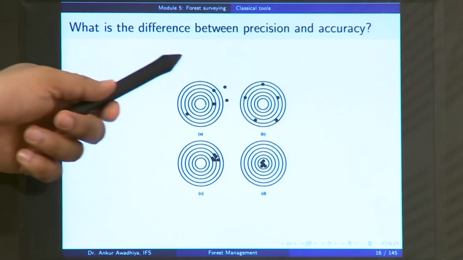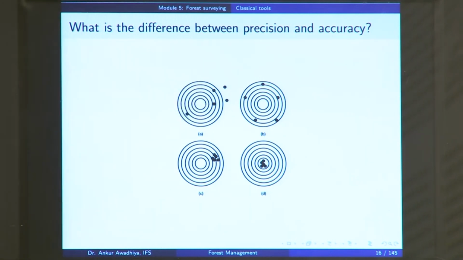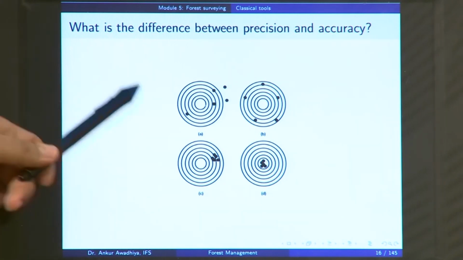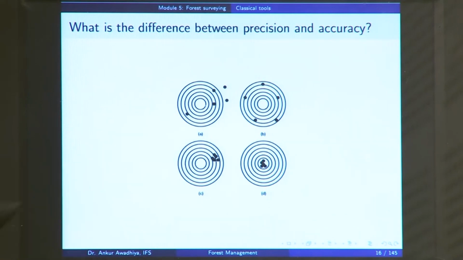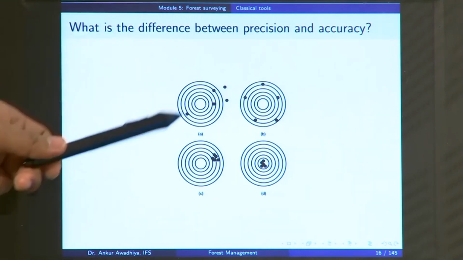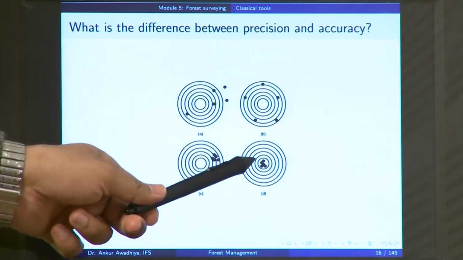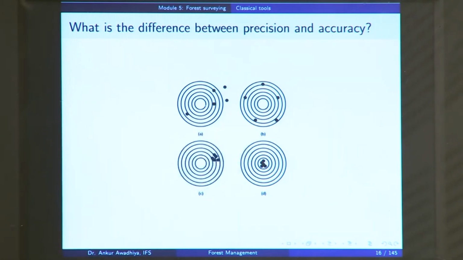Here you have a target board and different people are shooting at this target board. So, these are the shots of 4 different people. Now, the target was to shoot at the center location, the bullseye.